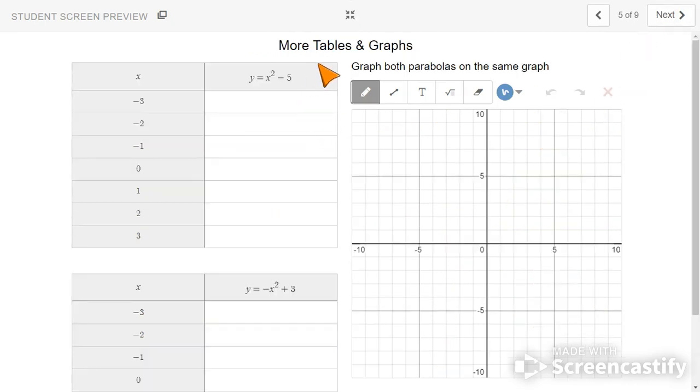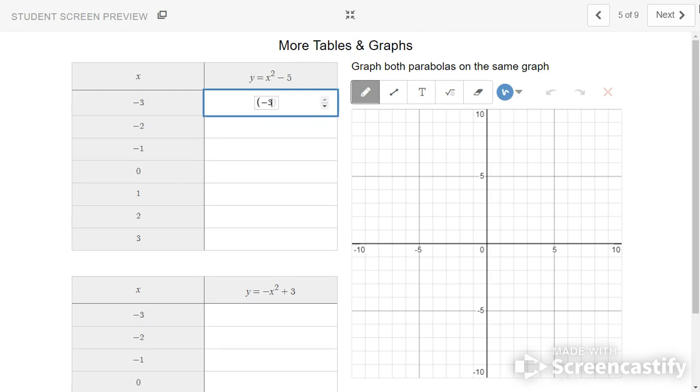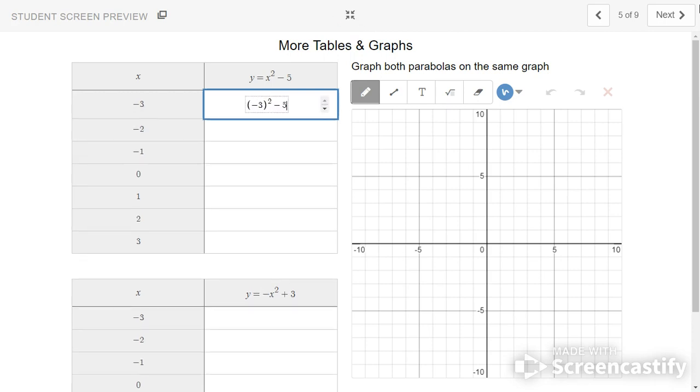Okay, let's draw 2 more graphs. We're substituting into the equation y is equal to x squared minus 5. So now I have -3 squared minus 5. You could do this in your calculator or you could do it in your head. 9, this is going to give you +9 minus 5.